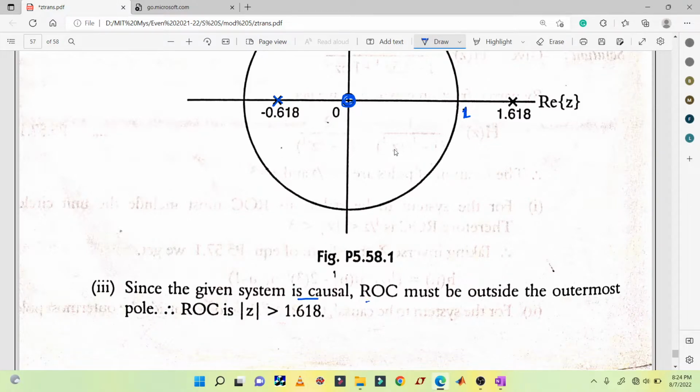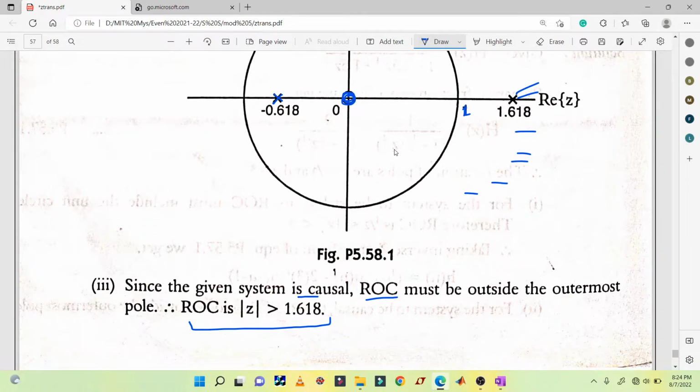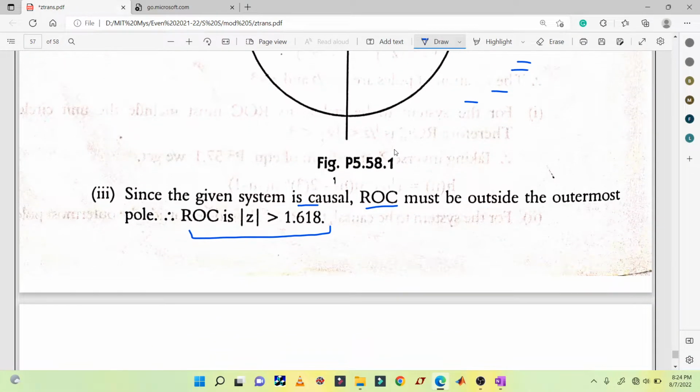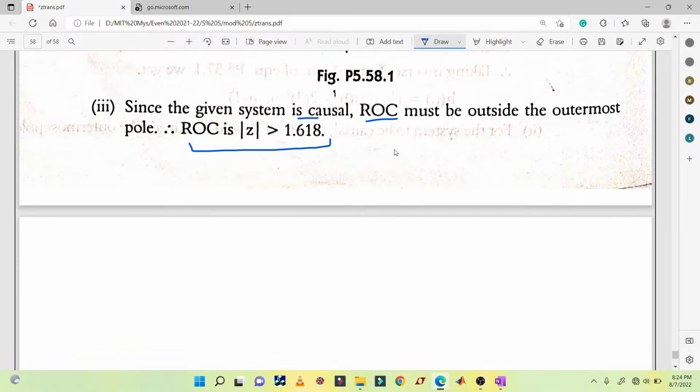For that, what is the ROC? ROC must be, for a causal system, outside the outermost pole. So it should be outside this 1.618. So ROC is z greater than 1.618.